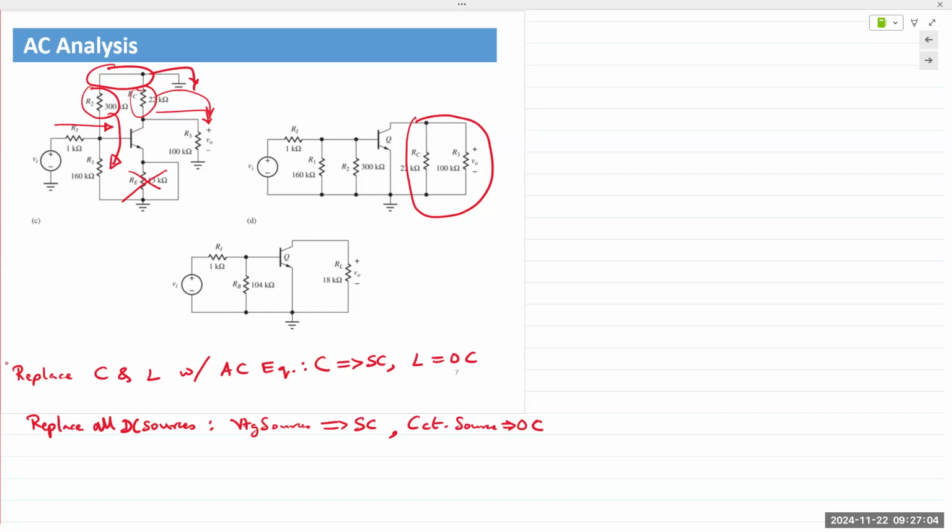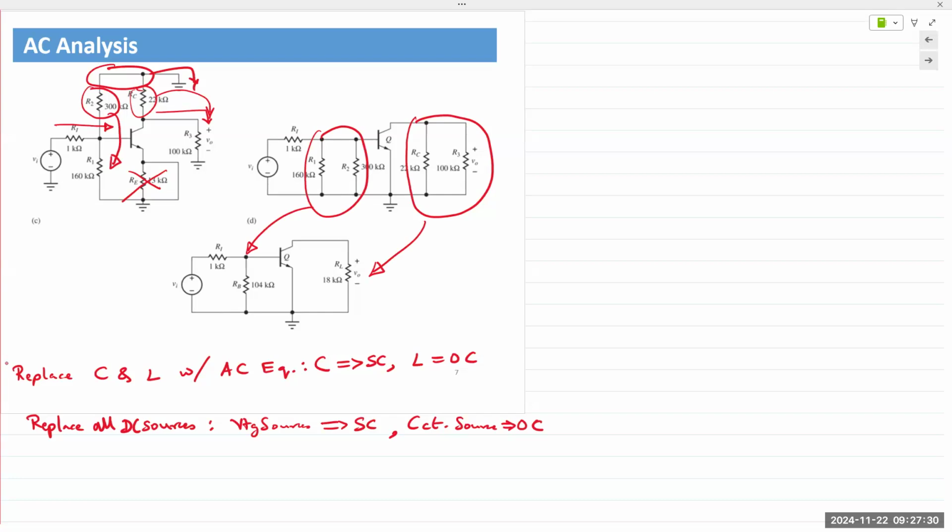And then you can further reduce it to a single resistance: output load resistor RL and base resistance RB. Make sense?